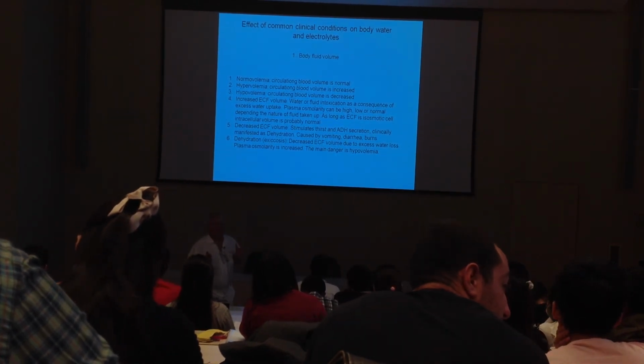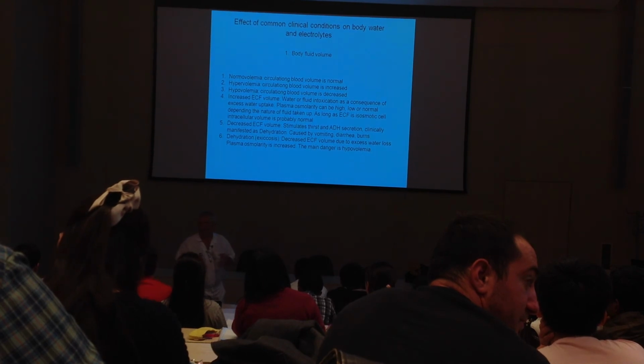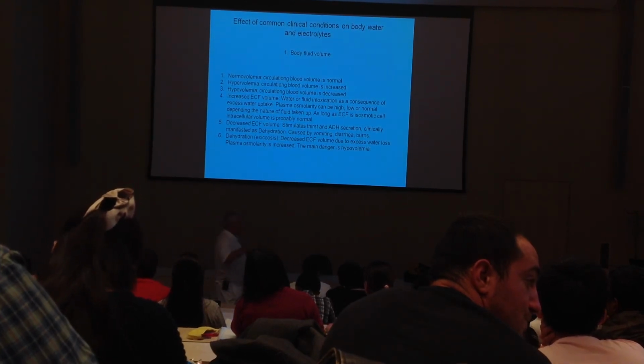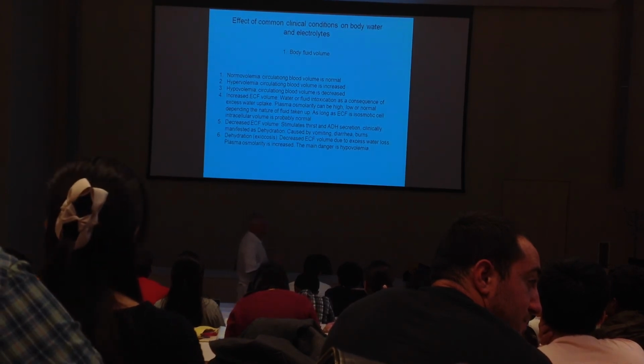When a physician says a patient is hypovolemic, that simply means not enough blood in the vascular tract. Okay? When it says decreased ECF, that means the total water content of the body is reduced.